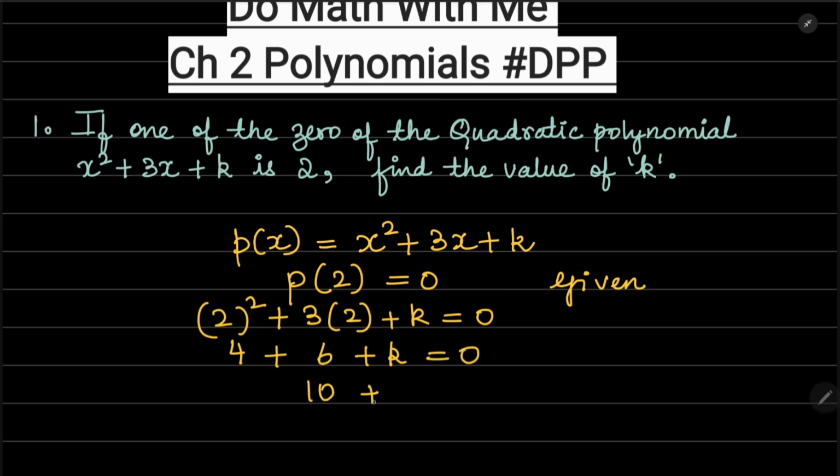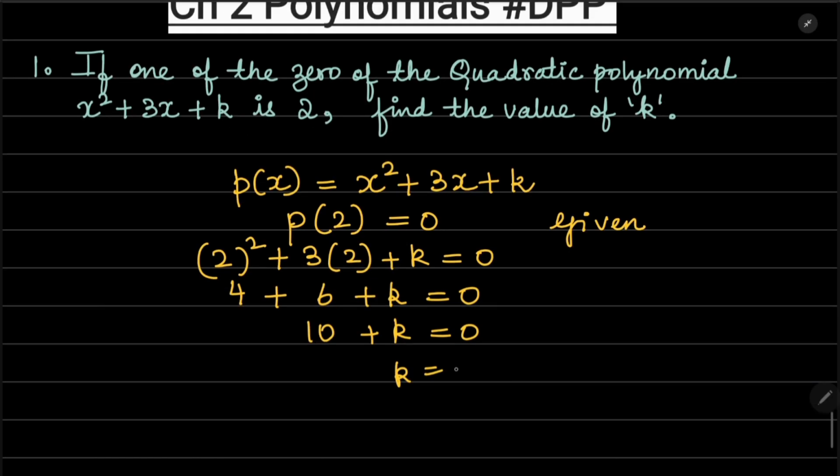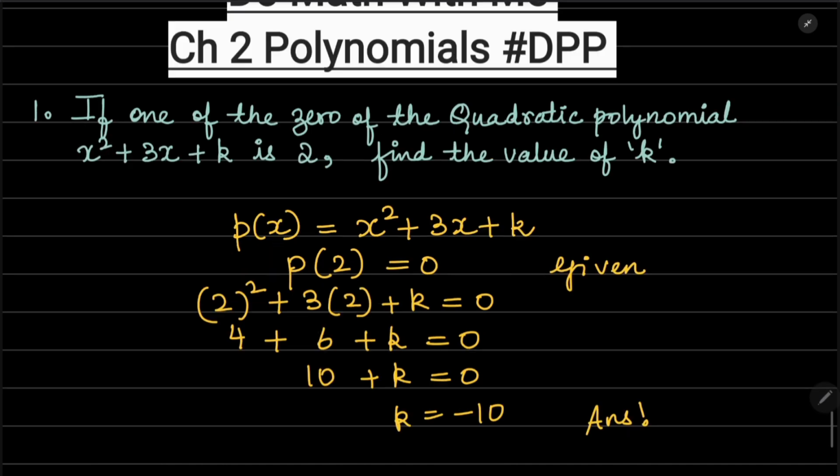So you get 10 plus k equal to 0, and therefore the value of k is nothing but minus 10. So that's your answer. Whenever you are given a zero of a polynomial, always remember the value of the polynomial at that x value is always 0. So you should be able to translate this sentence into this format.